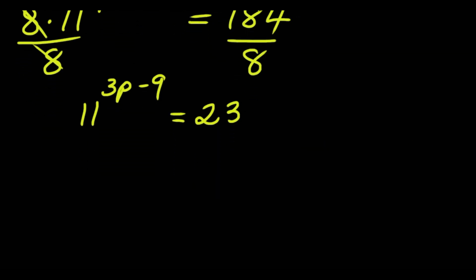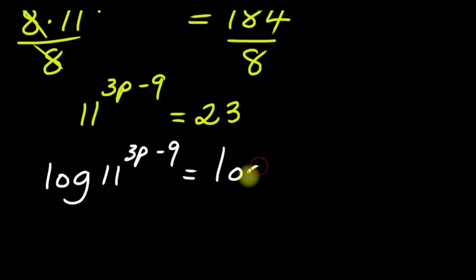Now we're going to take the log of both sides, since we're not able to rewrite 11 and 23 using the same base. So we go log of 11 to the 3p minus 9 is log 23.